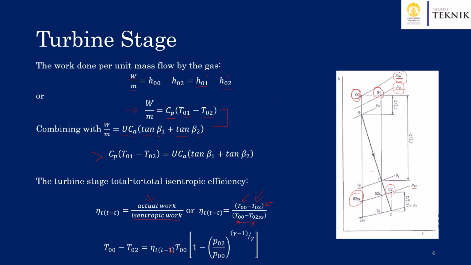We can also use these total to total isentropic efficiencies to calculate another parameter that we know as the decrease in stagnation temperature, or temperature difference between the inlet of the stator and the outlet of the rotor.